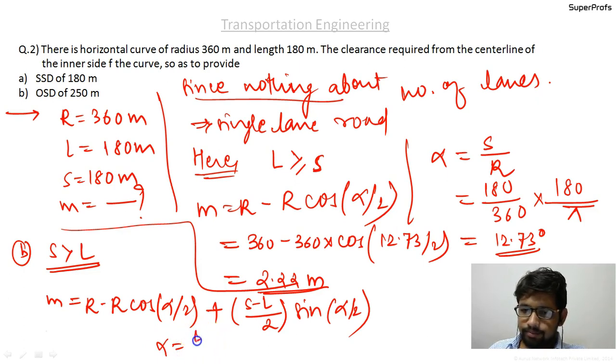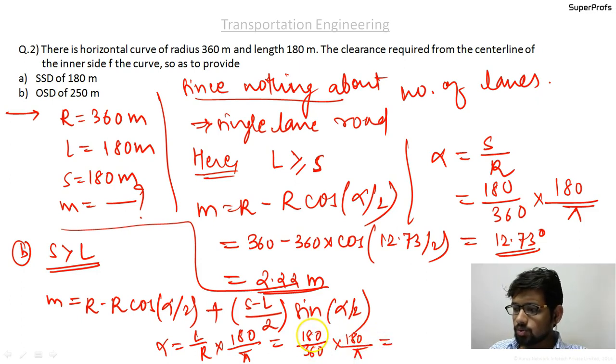In this case, alpha equal to L by R into 180 by pi. So L is 180, radius is 360, into 180 by pi, which is equal to 28.64 degrees.